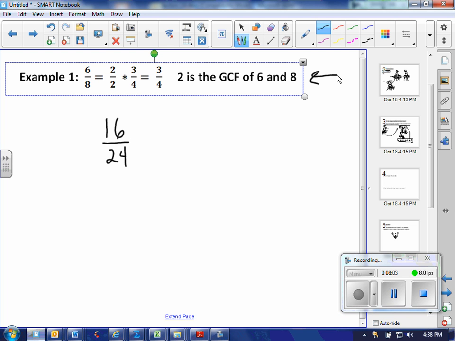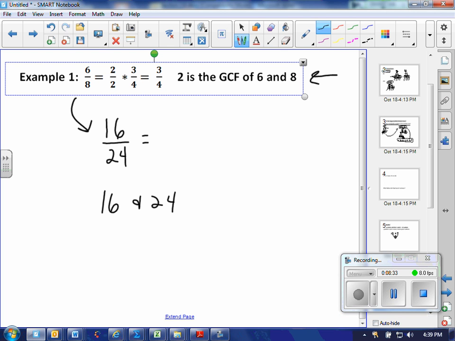So the example above kind of explains why we use GCF. One of the big reasons we use GCF is to reduce fractions. It helps us reduce fractions. I'm going to change the example to this. In order to reduce that fraction, I ask myself, what is the GCF between 16 and 24? Or again, the highest number that can be divided by both of those. Yes, they both can be divided by 2, right?